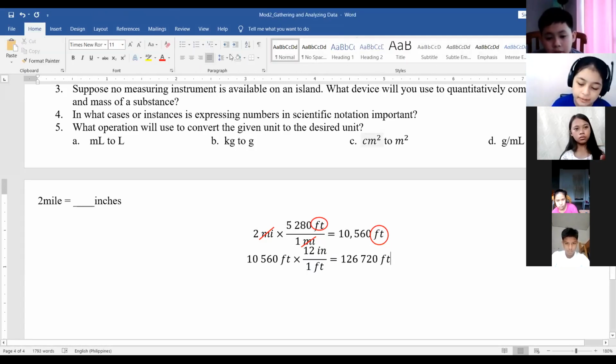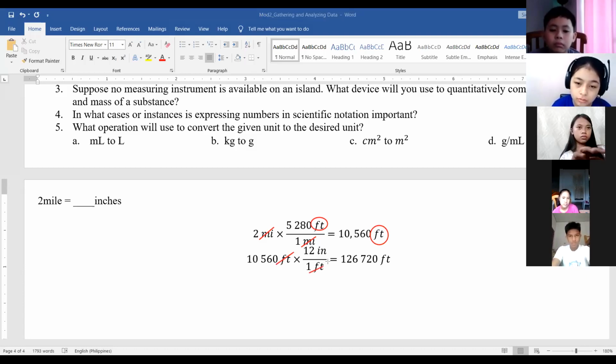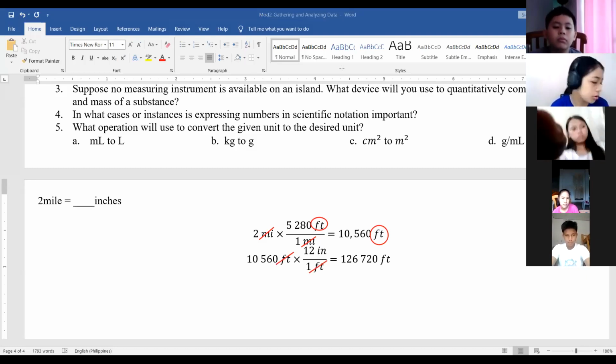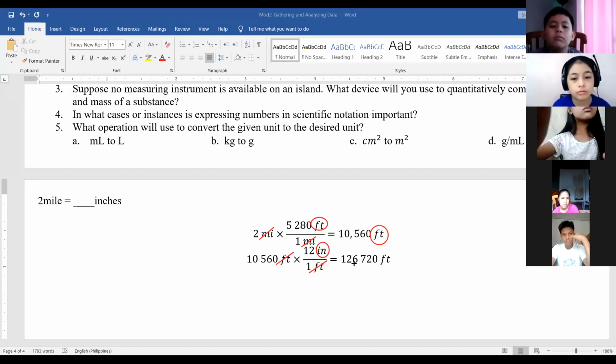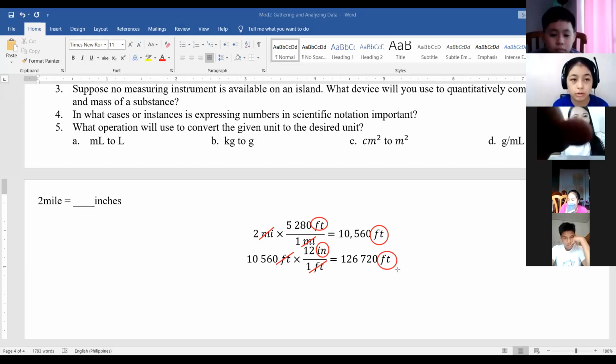And the final unit, therefore, is not anymore in feet. So how is that possible? From the solution, class, we just simply eliminate the feet. Okay? By eliminating the feet, we left the final unit to be inches. If you look at it, ang nahibilin na unit, inches na lang. So this is the conversion.